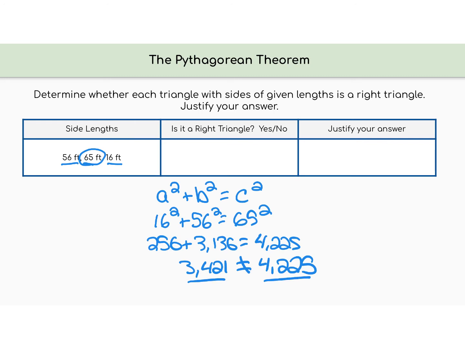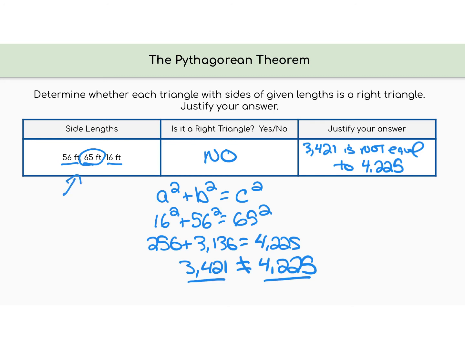So is this a right triangle? The answer is no. And our justification for this is because the sum of the squares of the legs is not equal to 4,225.